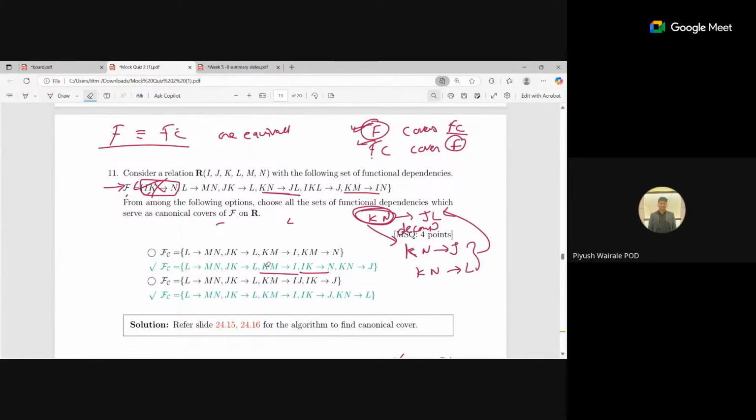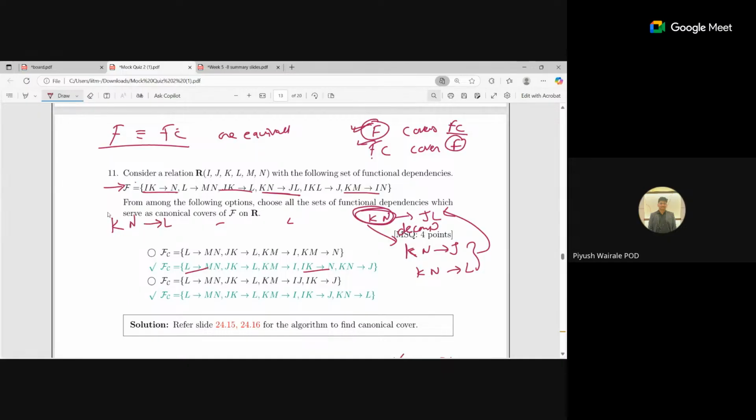Now from option number B, can we determine F? Let's see. IKN is already present. LMN already present. JKL already present. KNJL: KNJ is present, KNI we have to check, KNL we have to check.